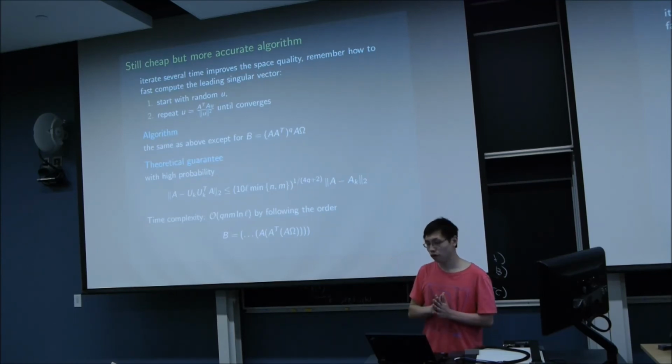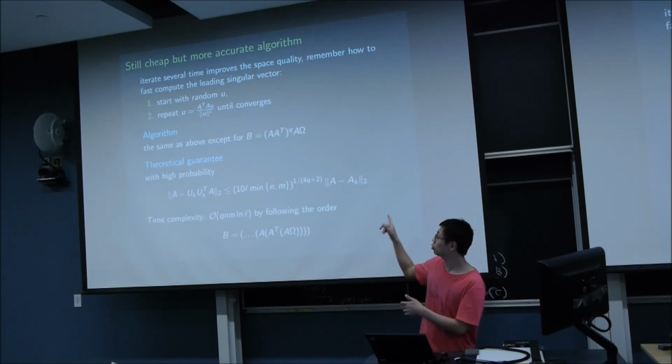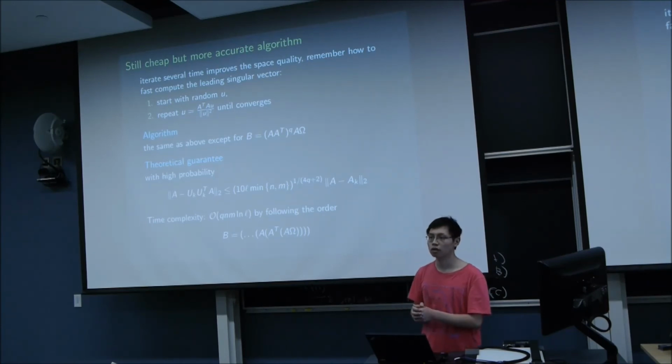So Q here pushes apart the leading singular values and the tail singular values. If you have a large singular value and raise it to a power, you get a very large one. If you have a small singular value and raise it to the power Q, you get a very small one. So you can separate the matrix, and it's much easier to get the column space than if you were using just a random approximation.